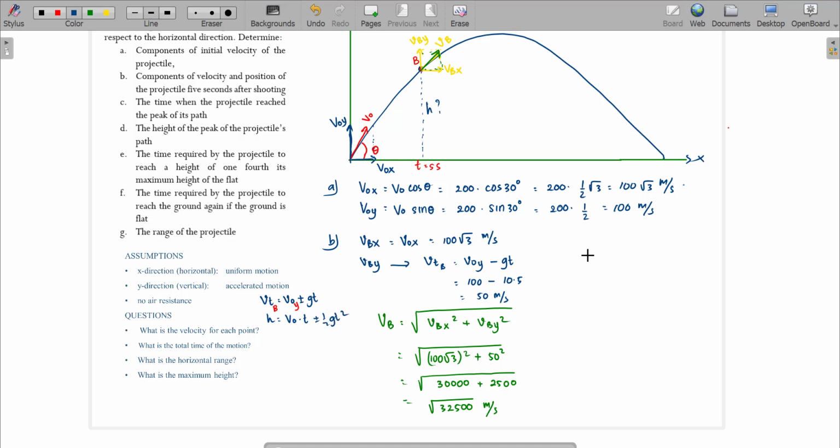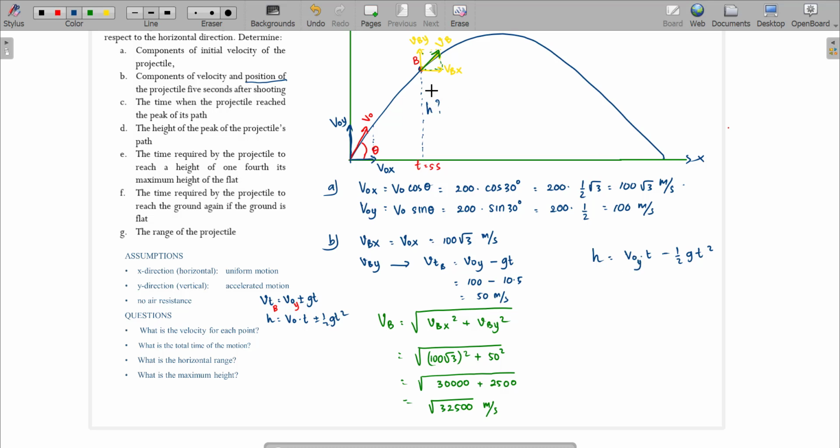So for the position, using this formula, h equals to V0 times t because it's going up, minus, because it's opposite gravity, half g t square. Don't forget, you must use initial velocity in the y-axis.